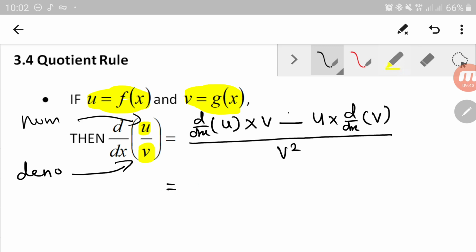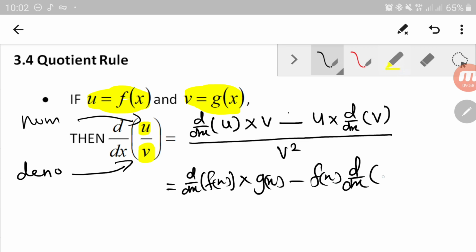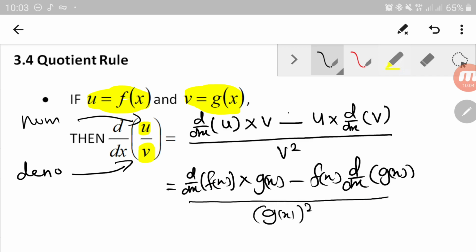So when we substitute u with f(x) and so on, we have d/dx f(x) multiplied by g(x), minus f(x) d/dx g(x), and then divided by g(x) squared.